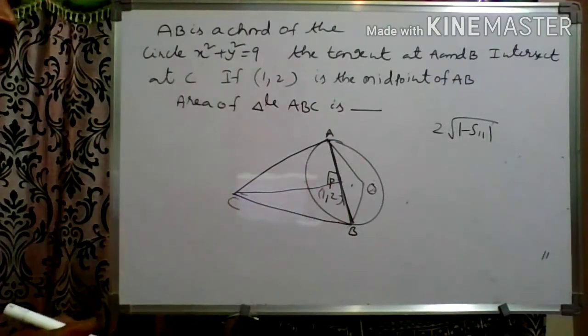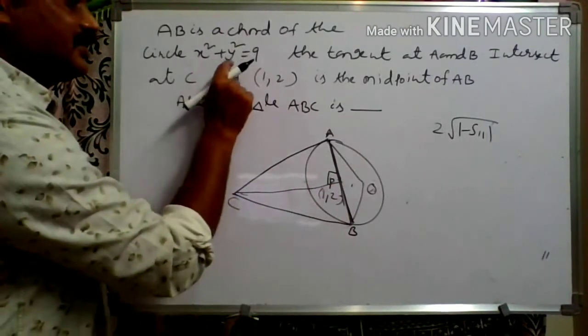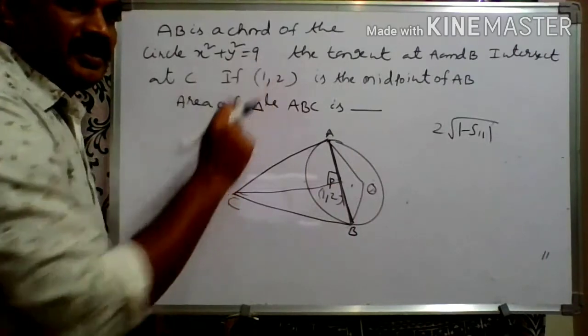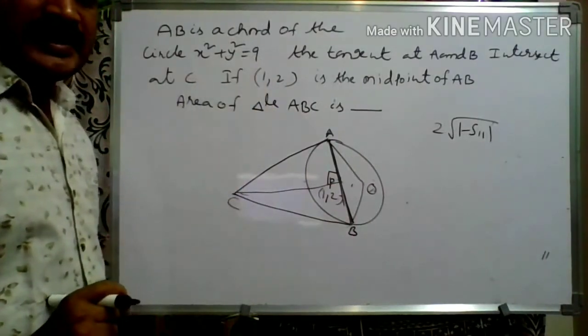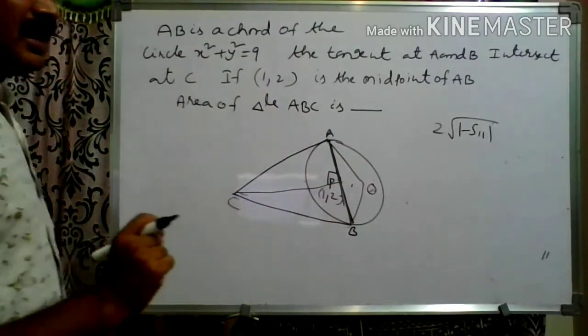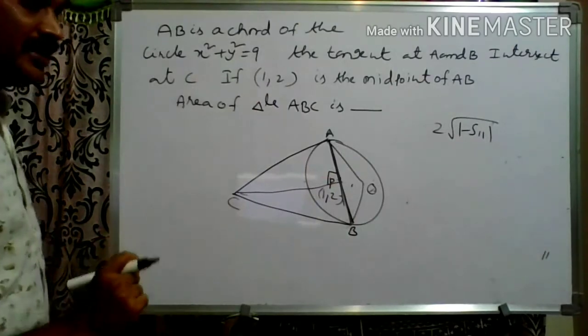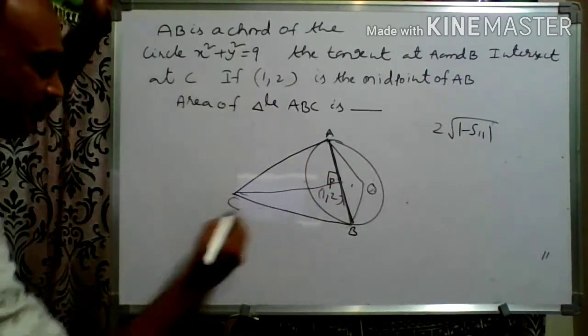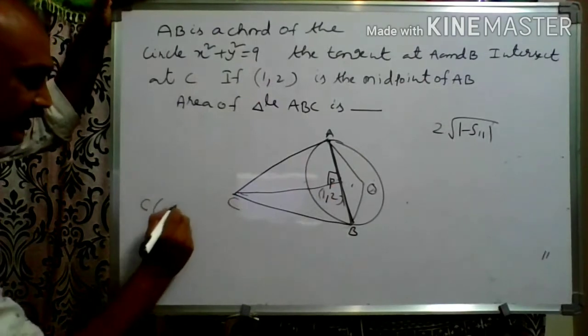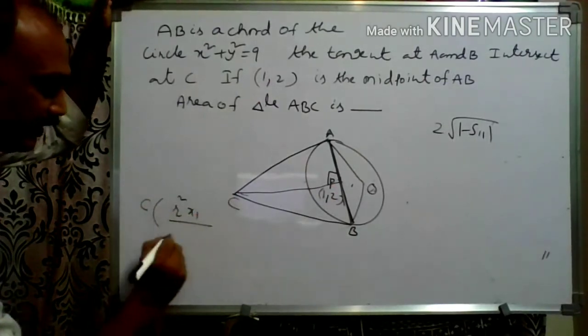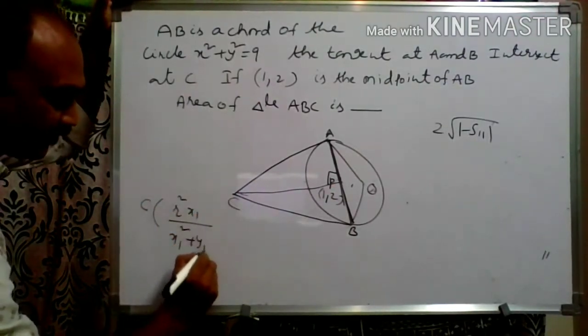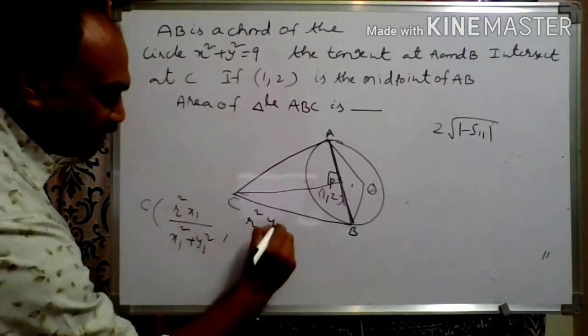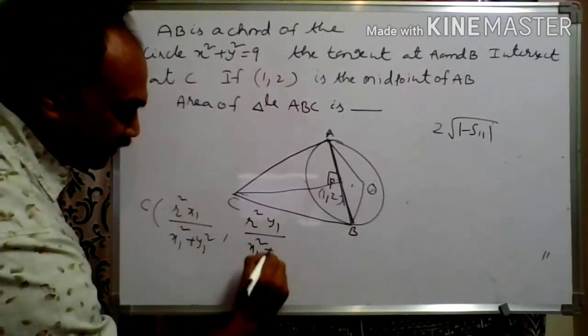The inverse point of x1, y1 with respect to the circle x square plus y square equal to r square is r square x1 by x1 square plus y1 square comma r square y1 by x1 square plus y1 square. So first calculate C, which is r square x1 by x1 square plus y1 square comma r square y1 by x1 square plus y1 square.